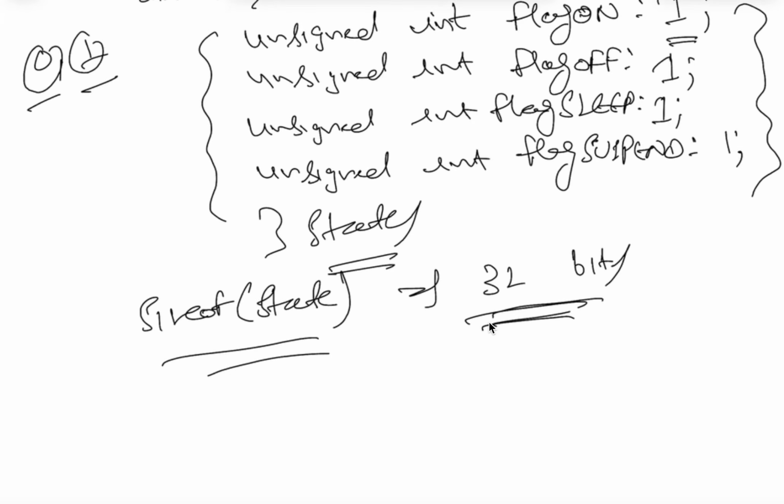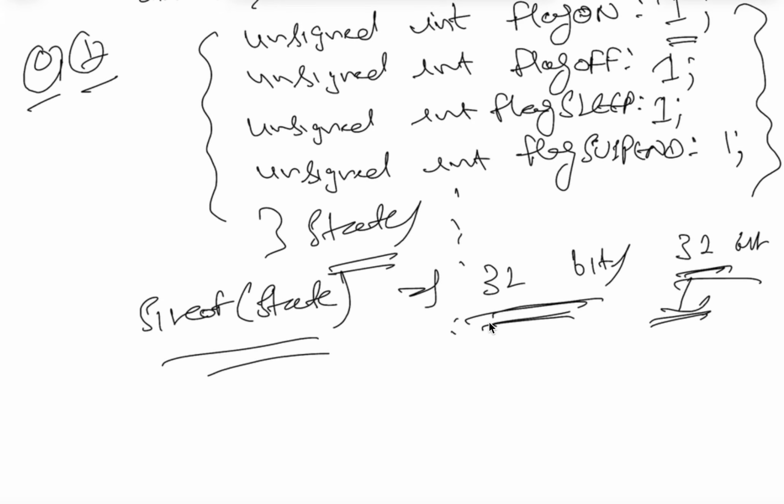What does it mean? It means right now we have only four elements in this structure. You can add more elements into this structure. You can add a total of 32 elements on a 32-bit machine, representing 32 flags. So by using just 32 bits, you can represent 32 individual flags.